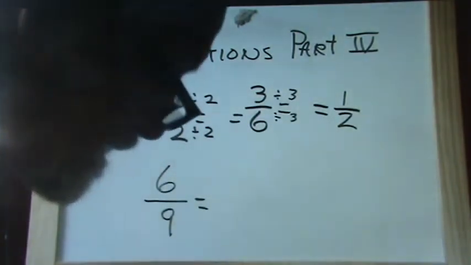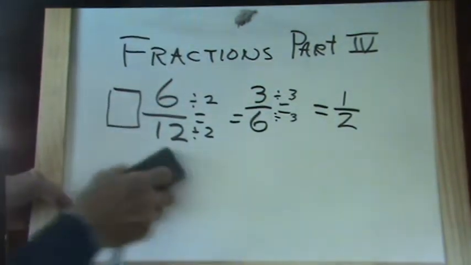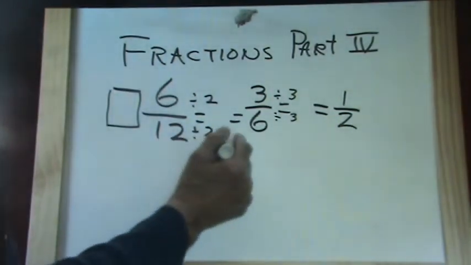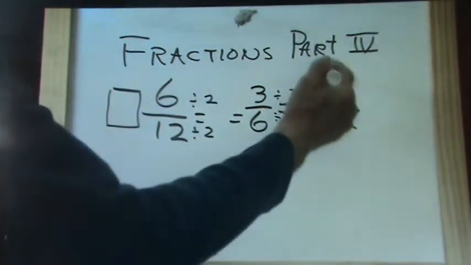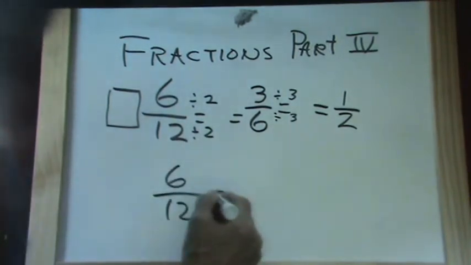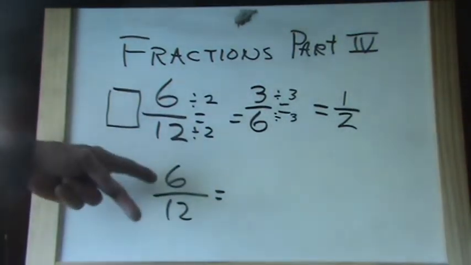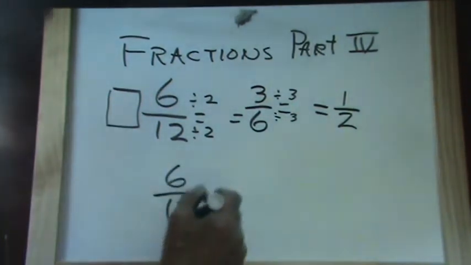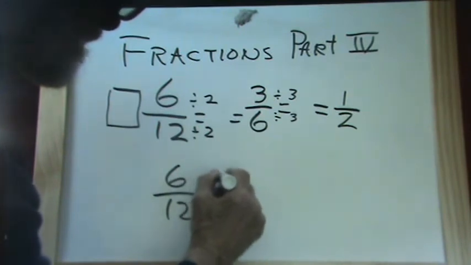Now, let me just erase this for a minute. We took 2 separate steps to get to 1/2. Well, when we asked the initial question, if we said, is there a number that goes evenly into 6 and the same number goes evenly into 12, we could have said, yes, 6.